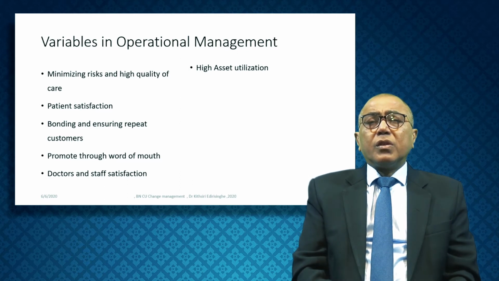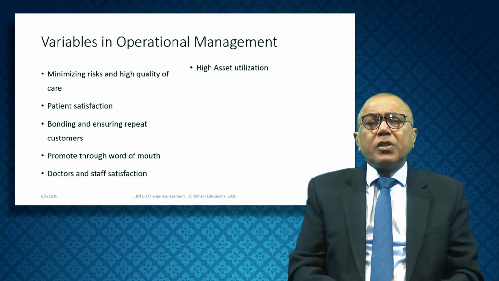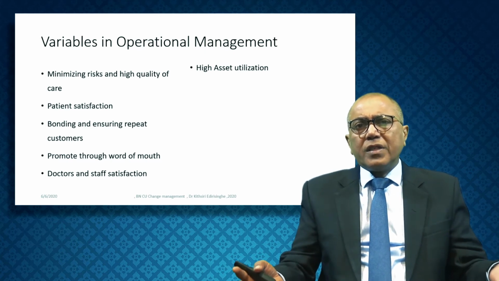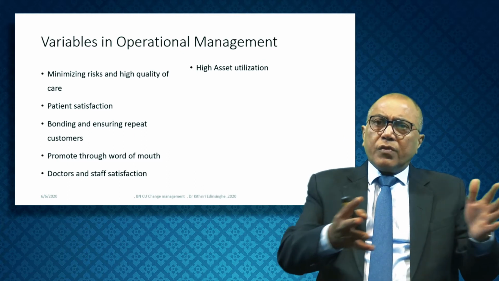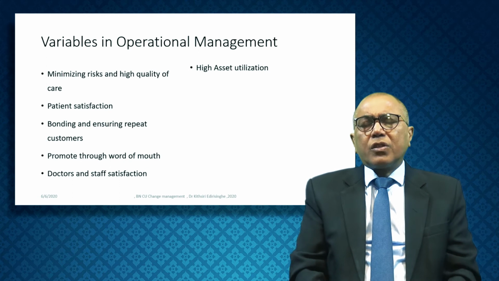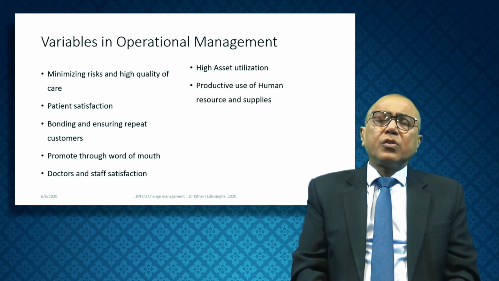So you have to really utilize and serve patients as much as possible, because equipment will be discarded after 5 years anyway. You have to get another. So if you keep it idle there, that's a cost for the organization. So, productive use of human resources and supplies.